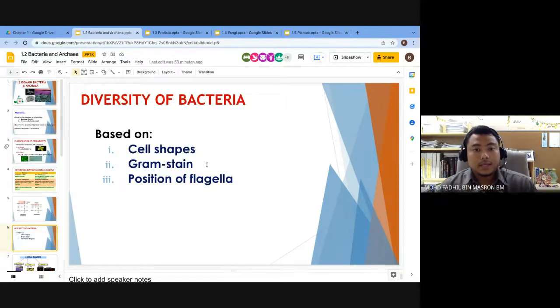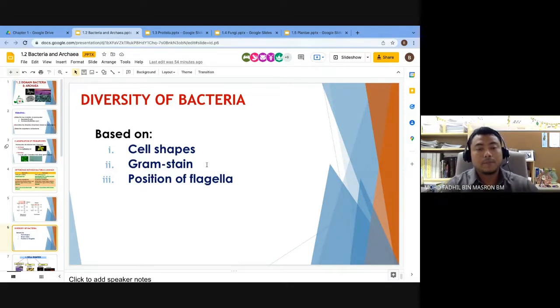Ada bakteria ni bila kita warnakan dengan a special technique, which is the gram staining technique, dia akan berwarna biru, purplish blue. And the other group of bacteria, when we color them with this special dye using the gram staining technique, will appear pink, a reddish pink. So those yang warna pink namanya adalah gram negative.